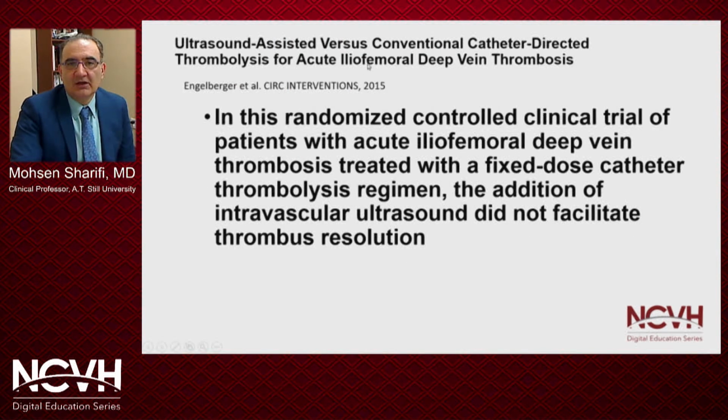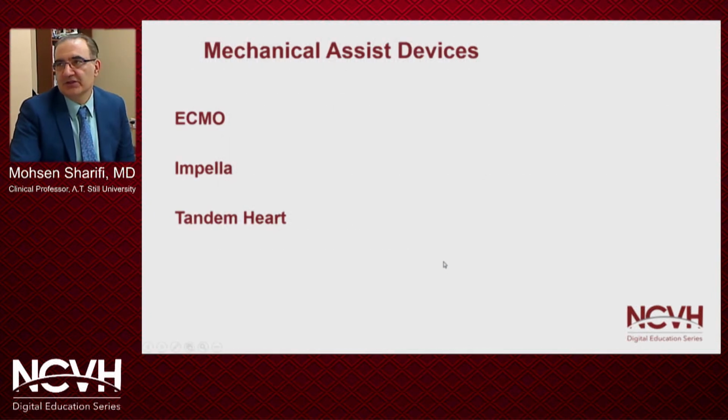A randomized trial in the lower extremities for acute iliofemoral DVT compared catheter-directed thrombolysis with ultrasound, the EKOS catheter, with passive thrombolysis, and they came to the conclusion that there was no difference.